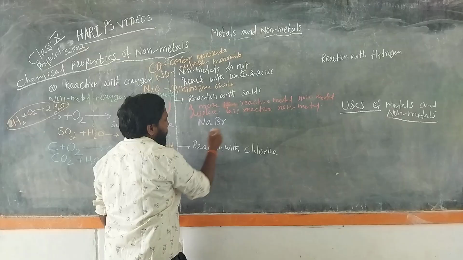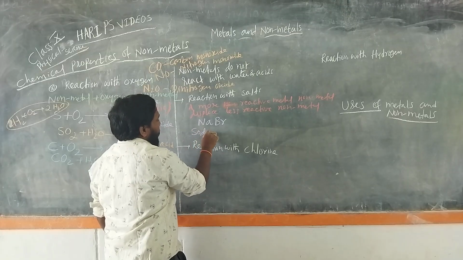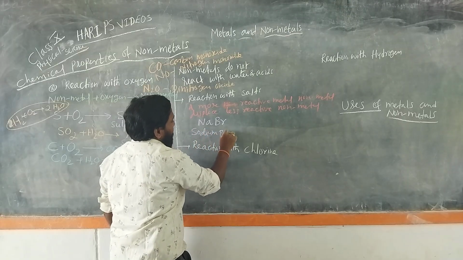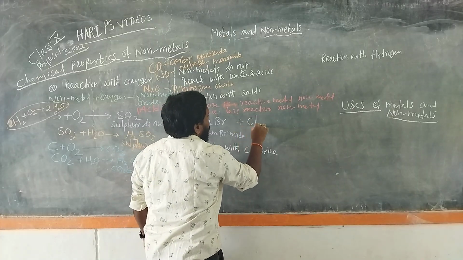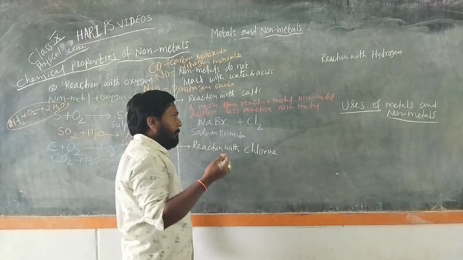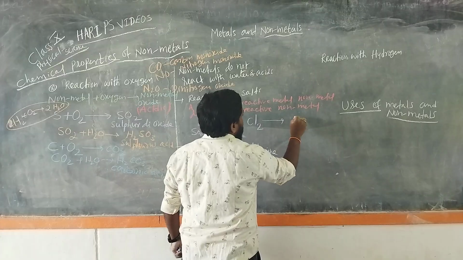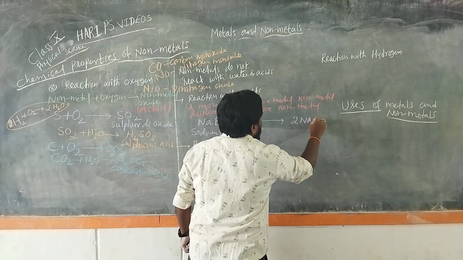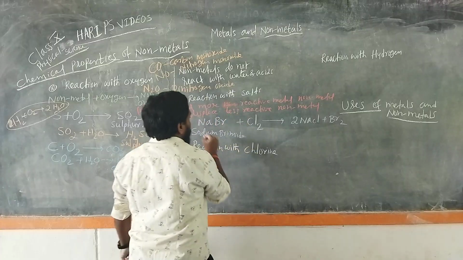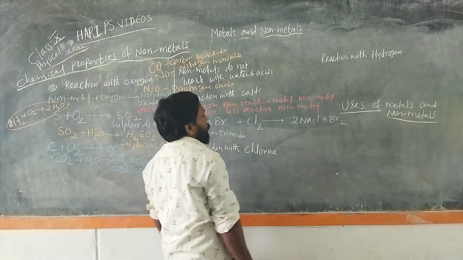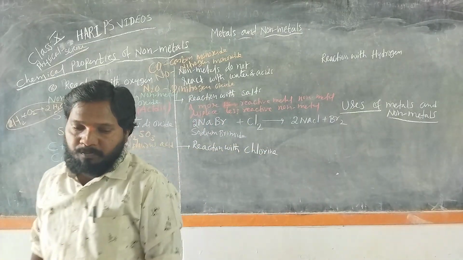For example, sodium bromide reacts with chlorine, which is a non-metal, and gives us sodium chloride and bromine.